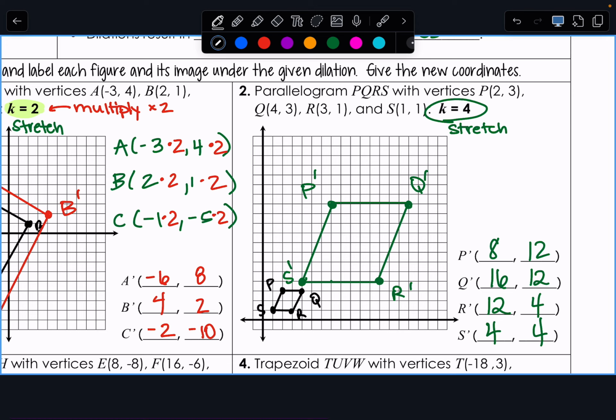How much smaller is the black than the green? 4 times smaller. So how would we say that? It's blank the size. Okay. A quarter? It's a quarter of the size. It's a fourth, right? Because instead of multiplying by 4, we would be dividing by 4.